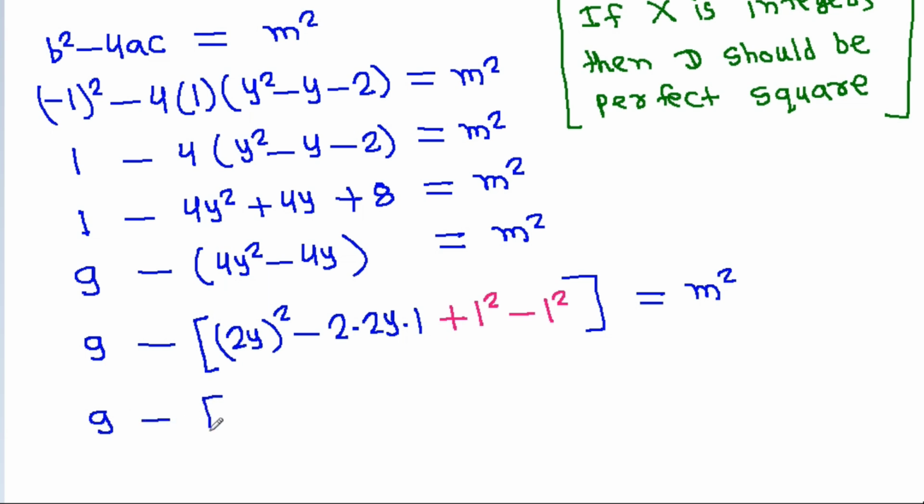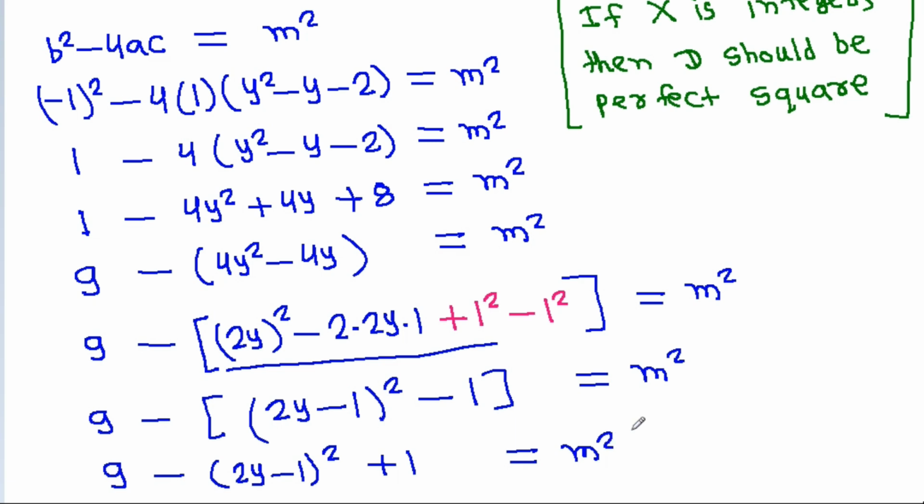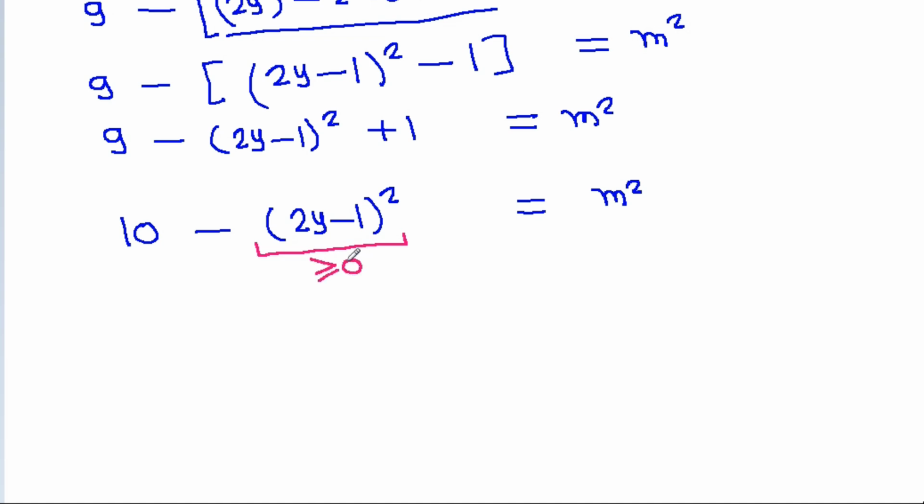Then it is 9 minus, and this will be equal to 2y minus 1 square minus 1 square is 1, that is equal to M square, and it is 9 minus 2y minus 1 square plus 1 is equal to M square, and 9 plus 1 is 10 minus 2y minus 1 square, it is equal to M square, and 2y minus 1 square will be greater than or equal to 0.